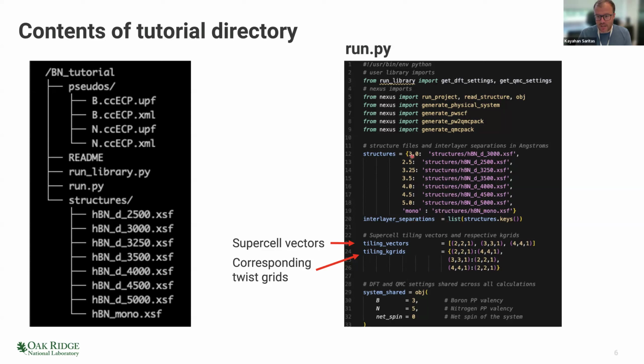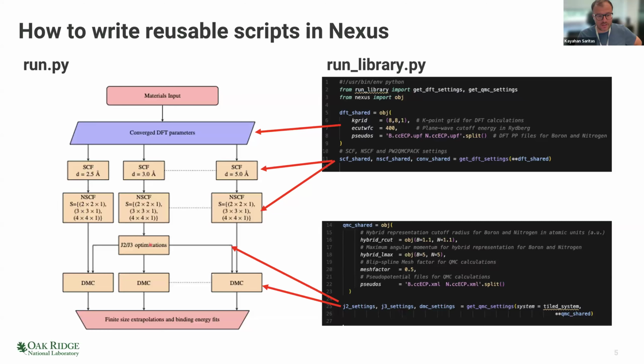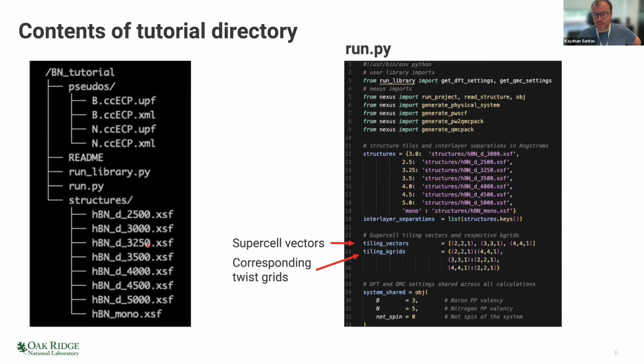I'll come to why I'm placing 3.0 as the first item: in Python versions higher than 3.7, the order of dictionary keys is always preserved. This ensures that when you make a loop in the workflow calculation, 3.0 will be addressed first, so that is the one where you perform the J2 and J3 calculations, and then those objects, which keep the Jastrow parameters, will later be used by the other geometries, including the monolayer as well.